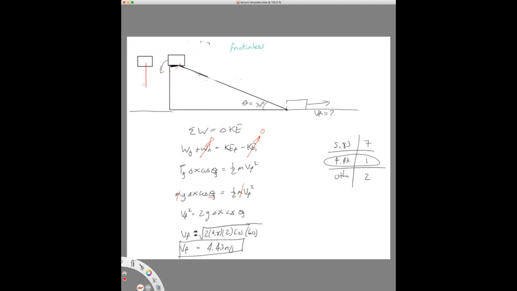So it still has force of gravity like that, but now our displacement looks like this. So delta x and force of gravity.